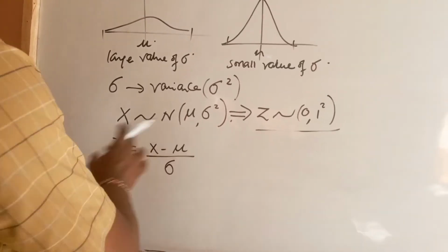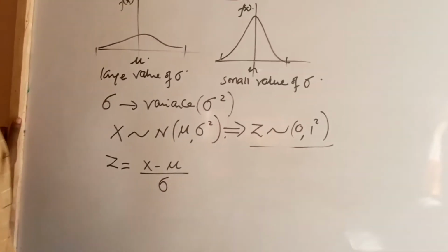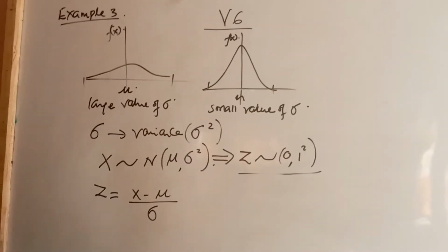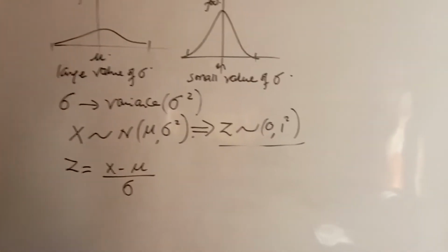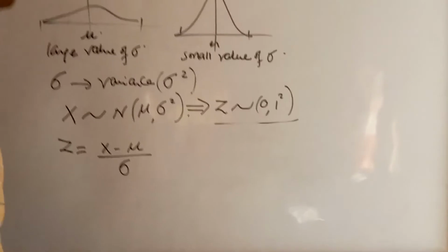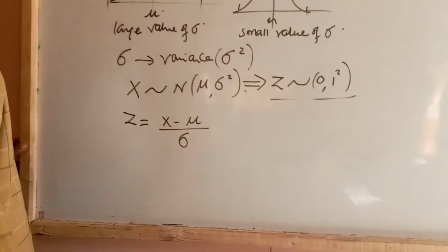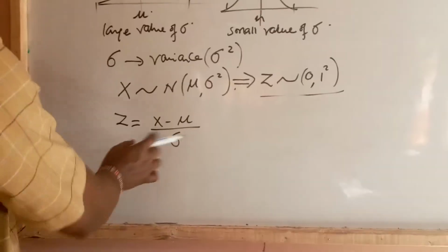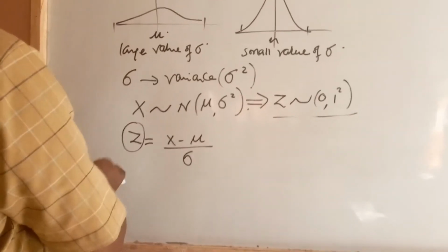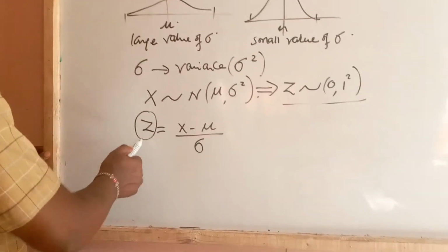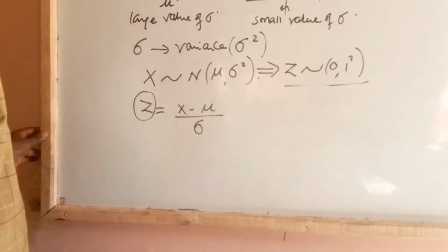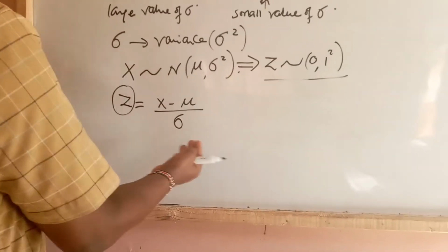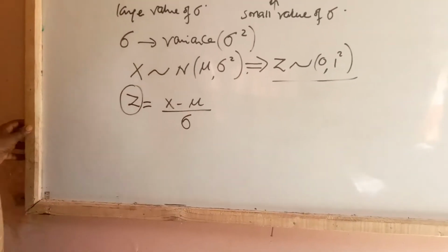And because all these are estimates, you can round off your number to 2 significant figures so that you can get numbers which you are interested in from the table. Remember, the table displays z, not x. That is why we wish to convert every kind of x into z.